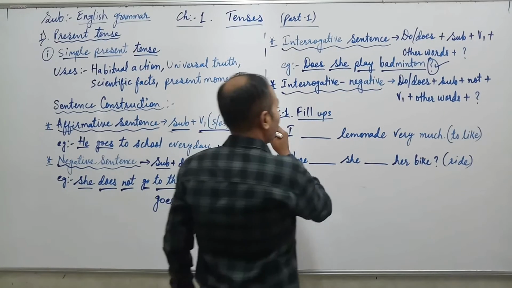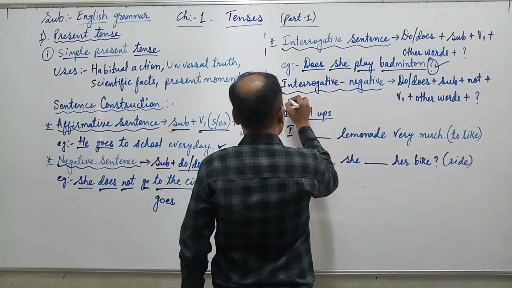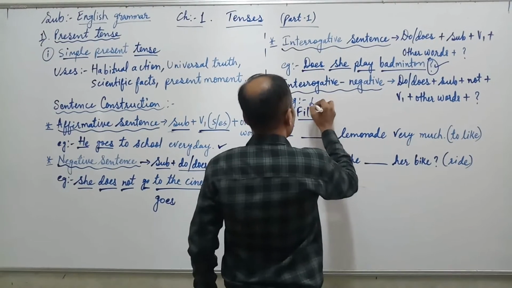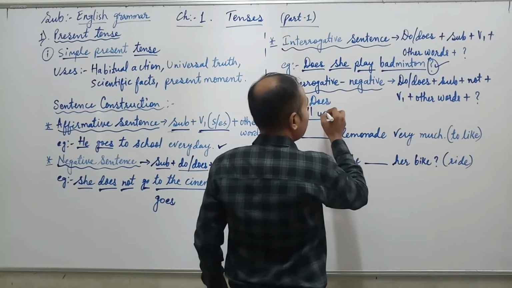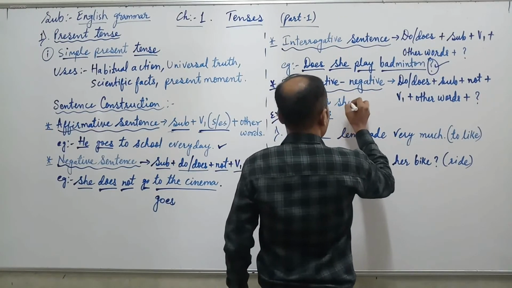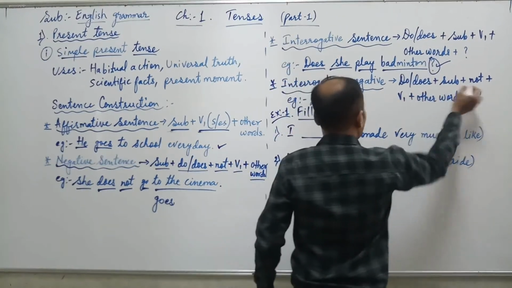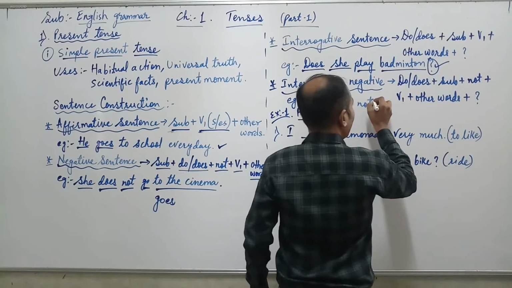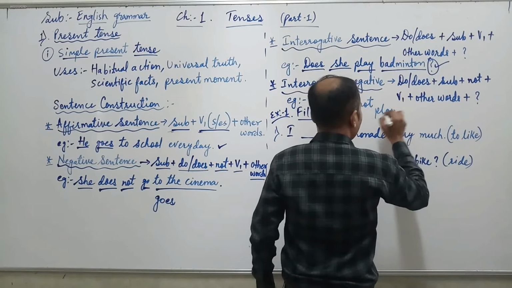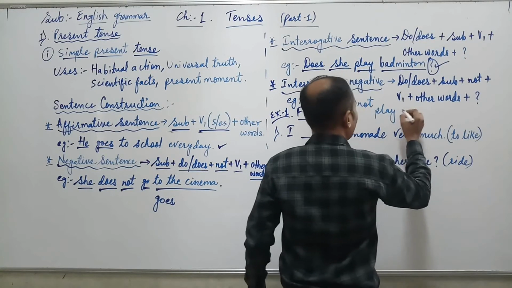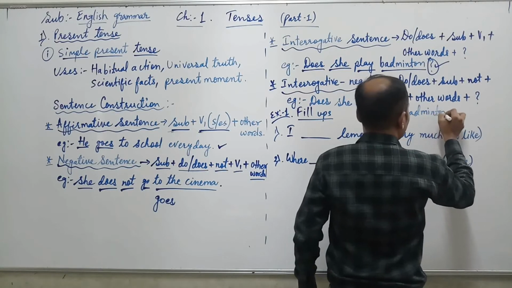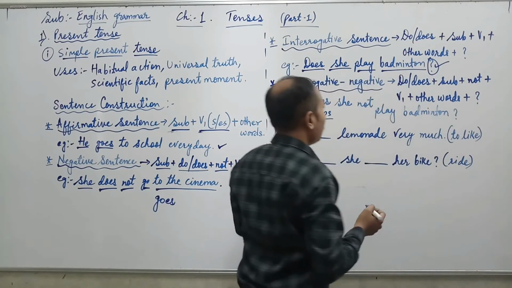Okay. Write an example over here. I will write it down here. I forgot to write. For example, does, then we will write the subject. Does she, then after that not, then after that verb one: play, other words: badminton, and finally the question mark.